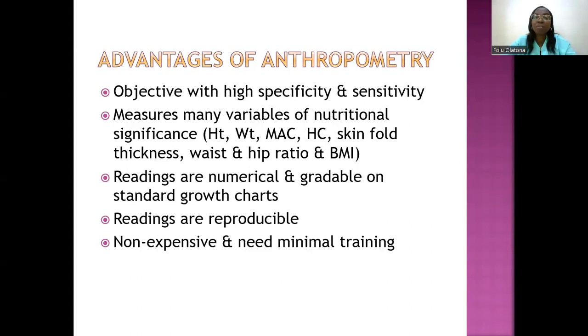But for anthropometry, you can say this person is overweight and the BMI is just 26, so it's not too serious. But another person that is overweight and the BMI is 29.5, you say this one is very close to obesity, it's a serious matter. So that's the advantage of the numerical readings.